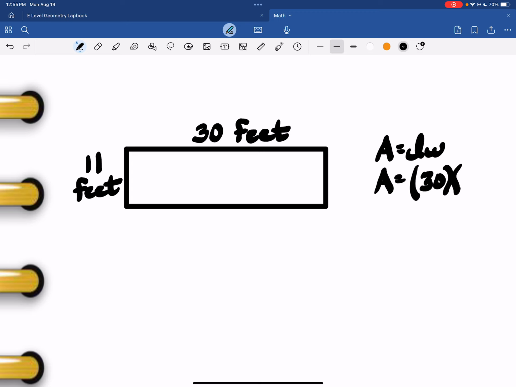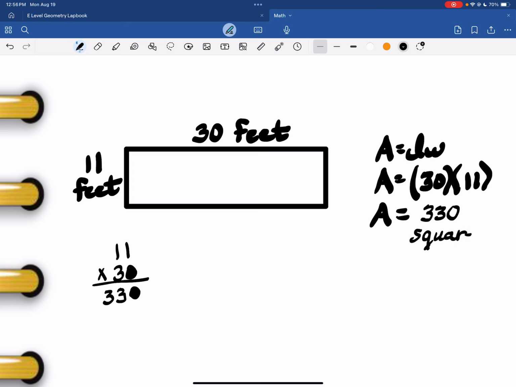The wide side is 11. And I'm going to show you a trick right here to multiply this. 11 times 30. Bring down this 0. So just bring it right down here. 3 times 1 is 3. 3 times 1 is 3. So that is 330 square, not units, square feet.